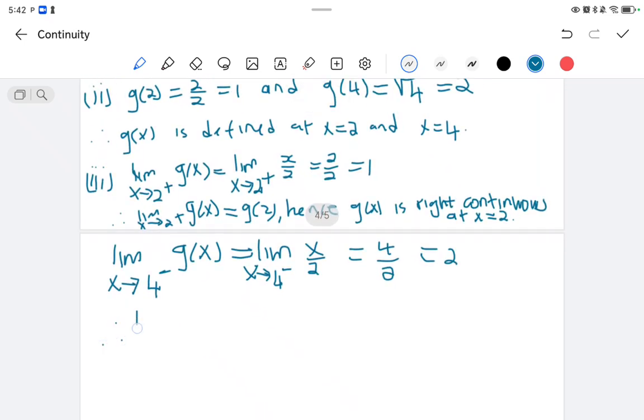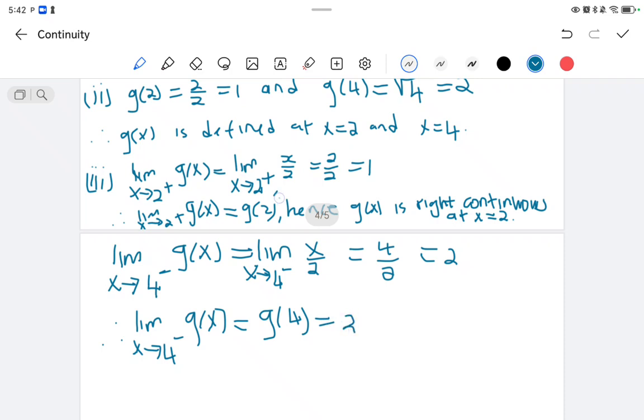Therefore, the limit as x approaches 4 from the left of g of x is equal to g of 4, which is equal to 2.